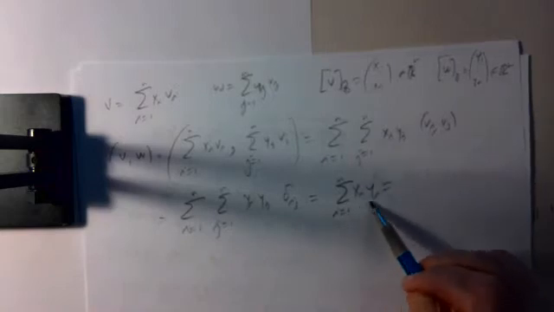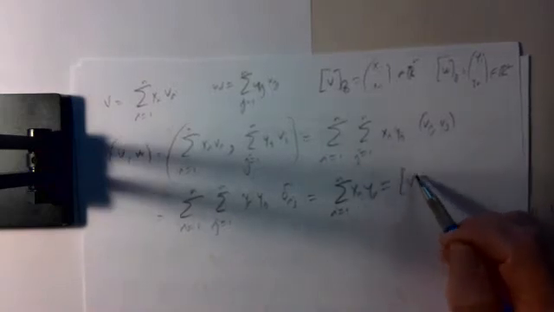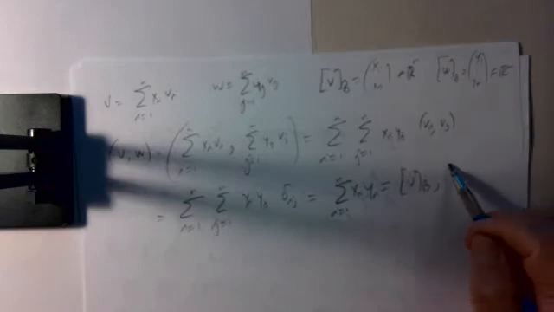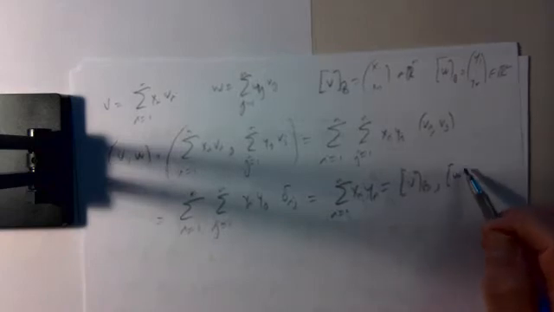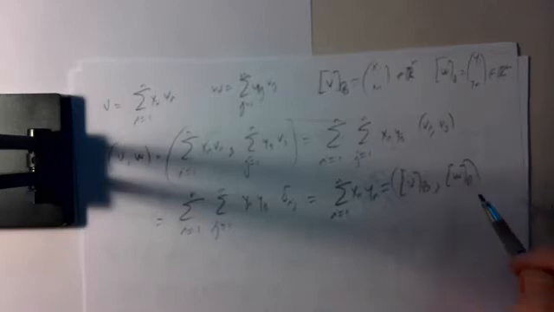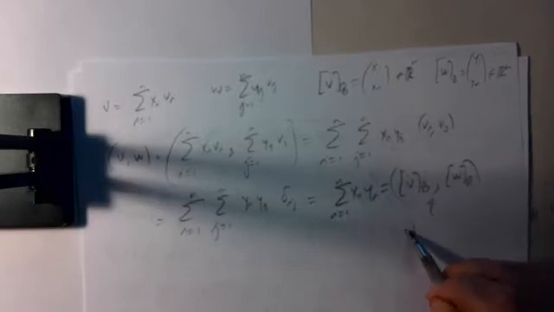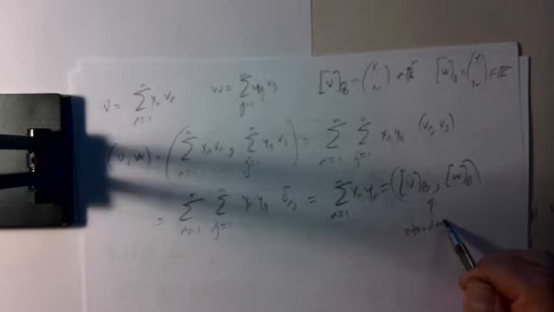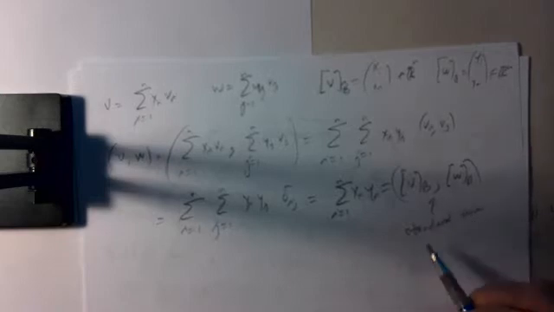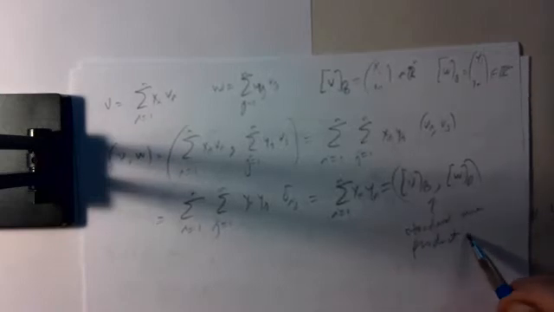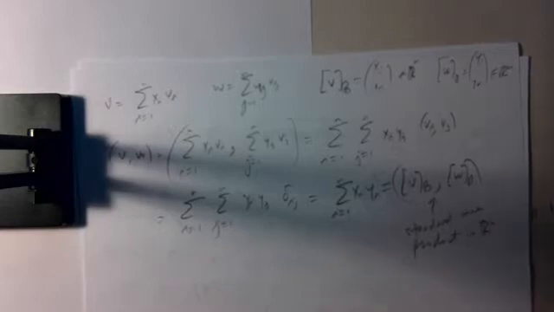And this is exactly the standard inner product of the coordinate vectors in Rn. So if you have an orthonormal basis for a vector space, it makes it very easy to calculate the inner product.